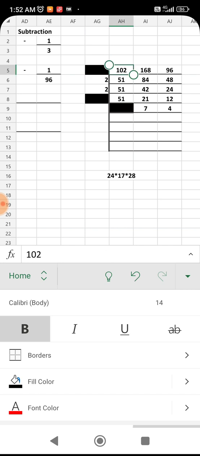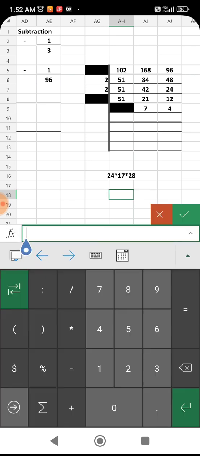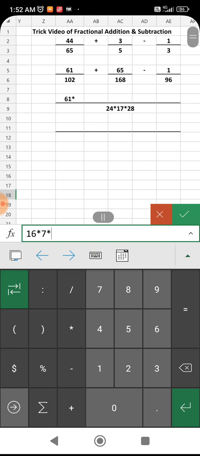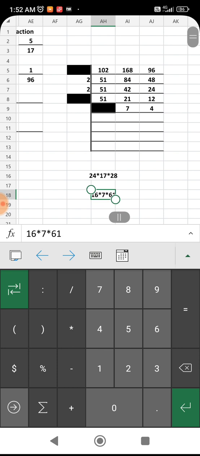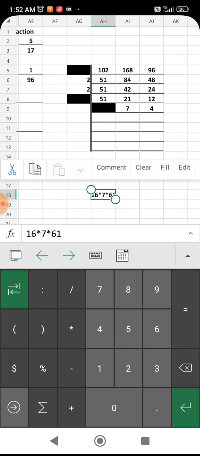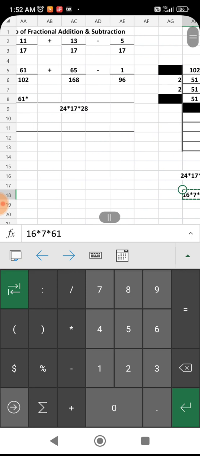So what is remaining? 2 4s, 4 4s is 16, 16 into 7 into 61. We have to multiply it and paste here.